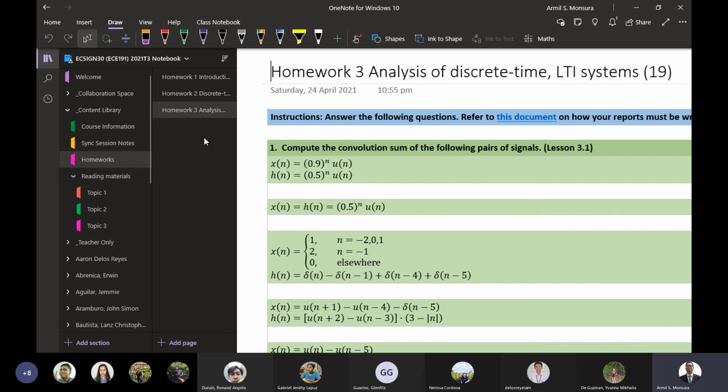Ilalagay na lang natin siya dun sa next set of due dates. Masasakop na siya sa quiz number 2. So which means ang coverage ng quiz number 1 ninyo would be homeworks 1 and 2 na lang. Okay? Naintindihan ba?